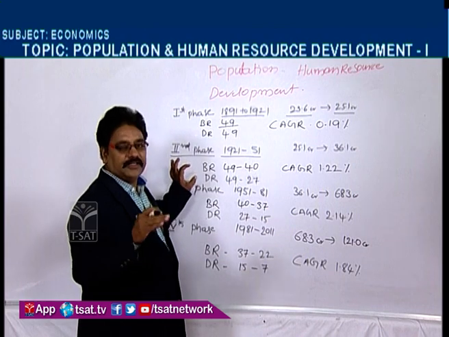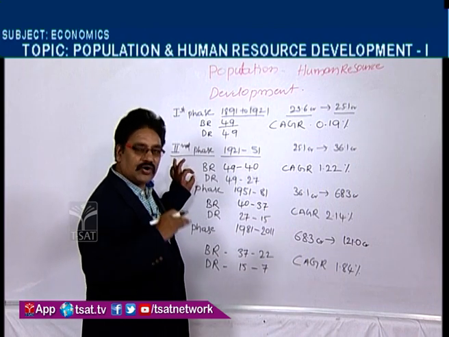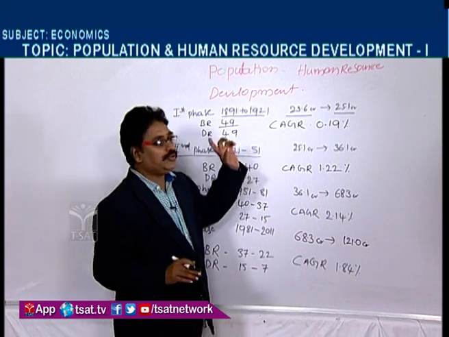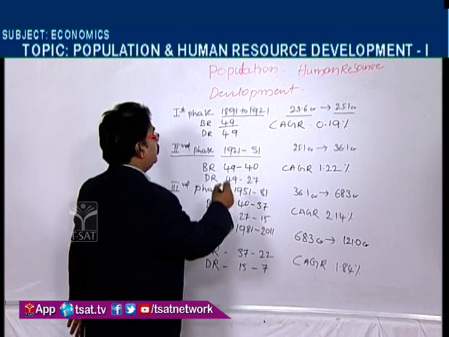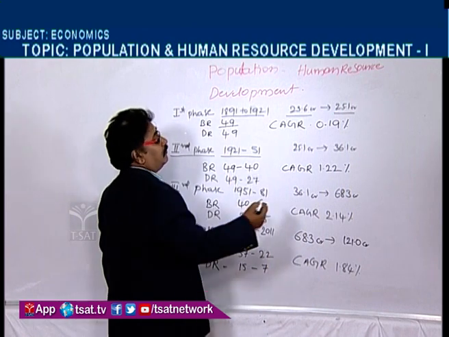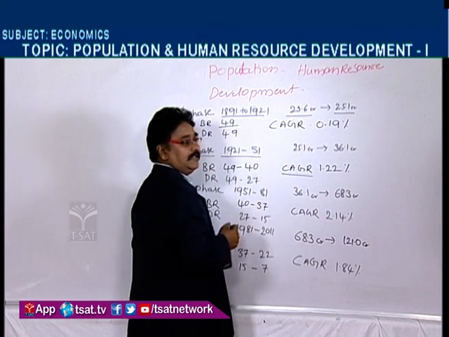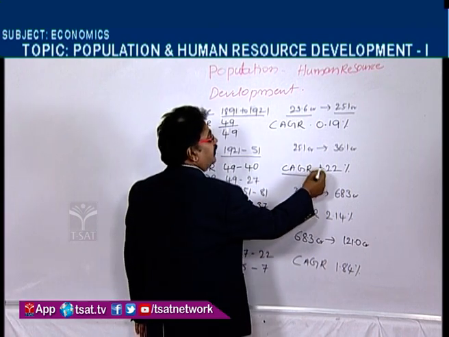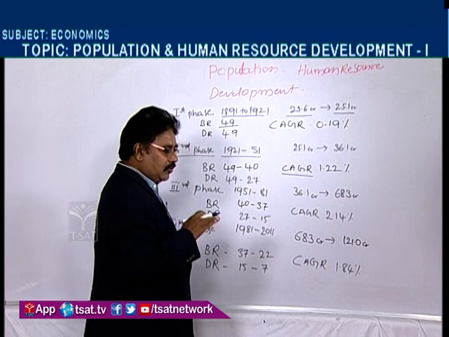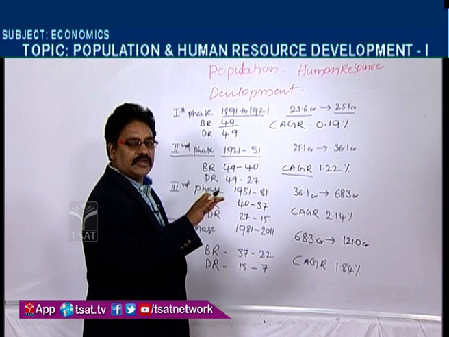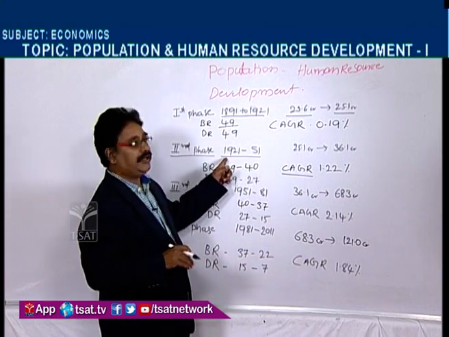Population increase started in India from 1921 onwards. During this period the compound annual growth rate of population is 1.22, and the population slowly started increasing in India from 1921 onwards.